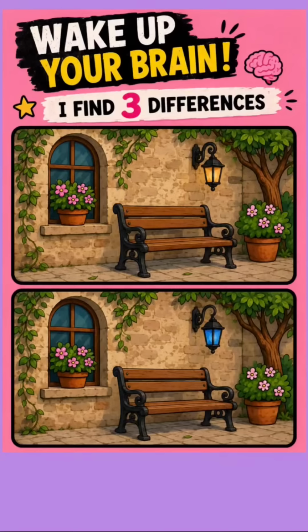Remove the word game and replace it with work out. Then the caption will now be work out your brain. Then where you go to spot three changes. Remove that nonsense and write spot three differences.